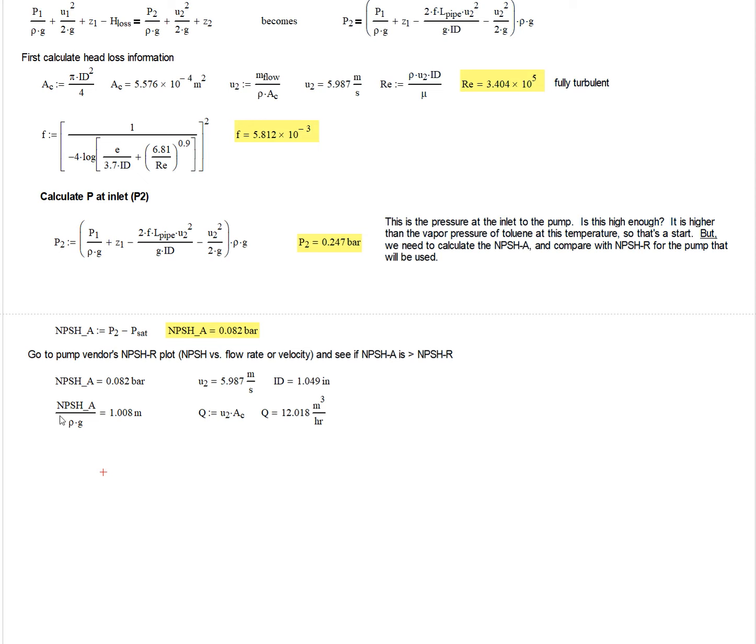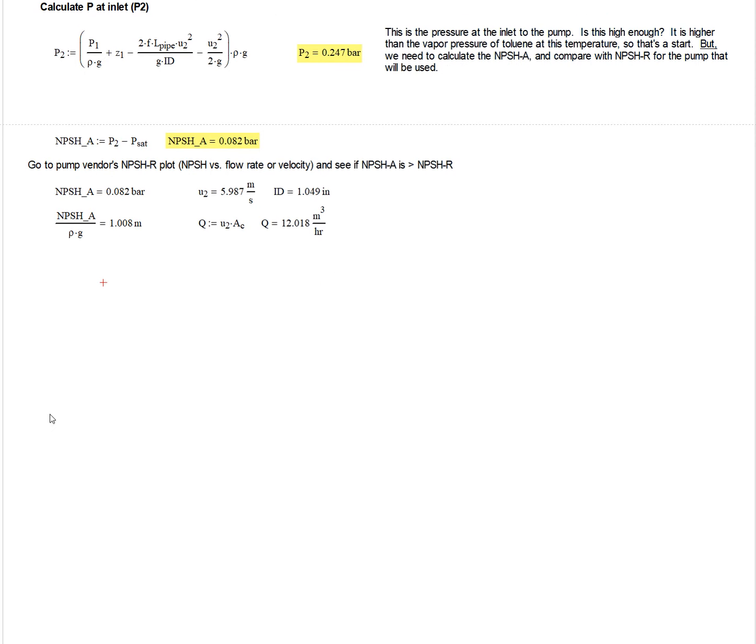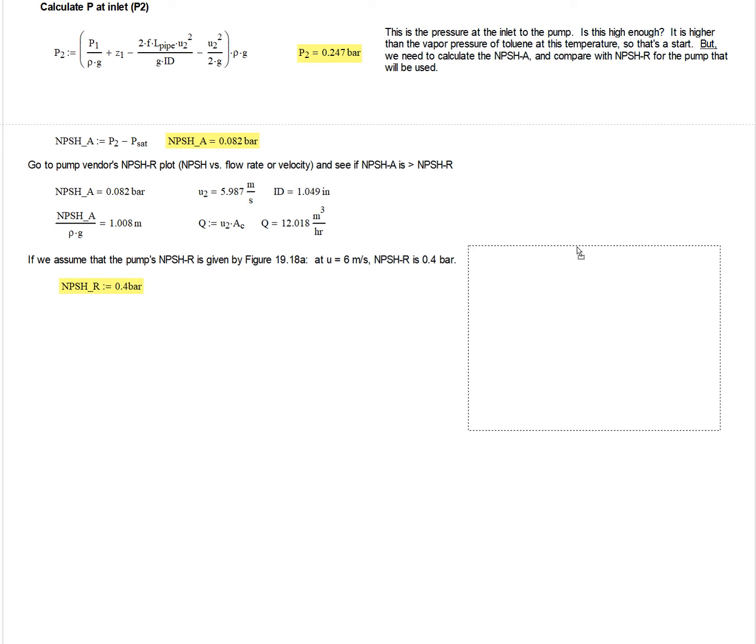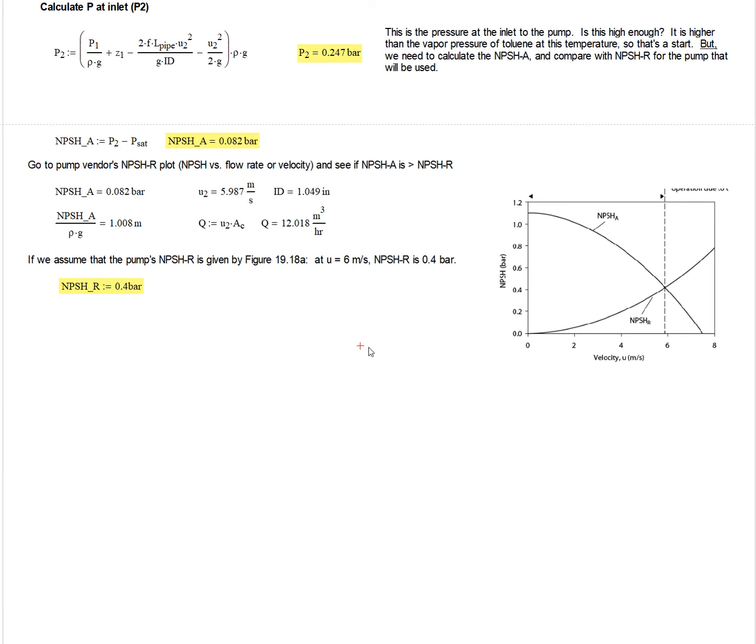And then on the y-axis, the head could be expressed in terms of pressure, or sometimes it isn't expressed in terms of head itself, which is, remember, units of length. And so what we can do then is the textbook gives you an example system curve for the pump, where they give it in terms of the linear velocity delivered by the pump, and the net positive suction head in pressure units.